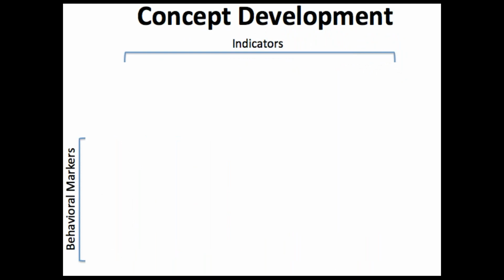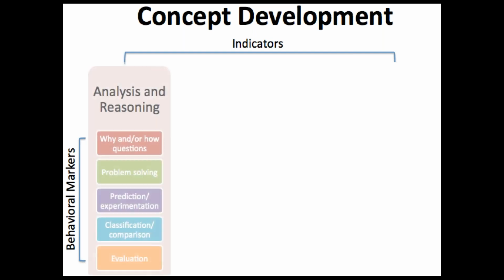So with concept development, it is part of these particular indicators. On the previous slide, you heard me mention that effective concept development is all about encouraging children to develop higher order thinking skills. So you might think of words like analysis and reasoning, all of those why and how questions and deeper thinking questions.